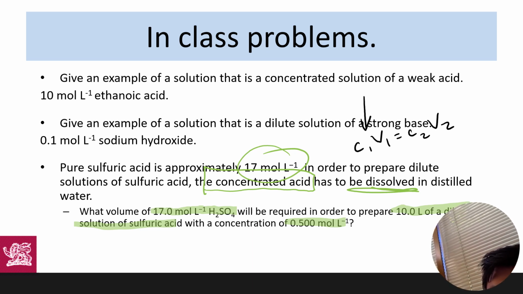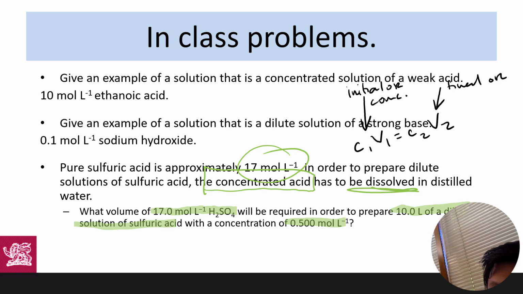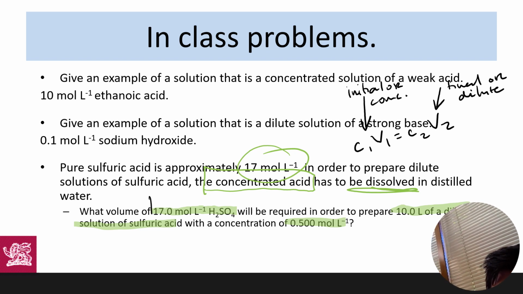So using 1 as being initial, or the concentrated, and using the 2 as the final, or the dilution, then we can say this concentration here is referring to the concentrated form of the acid.